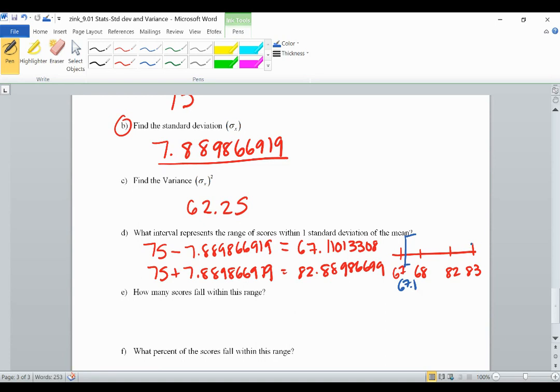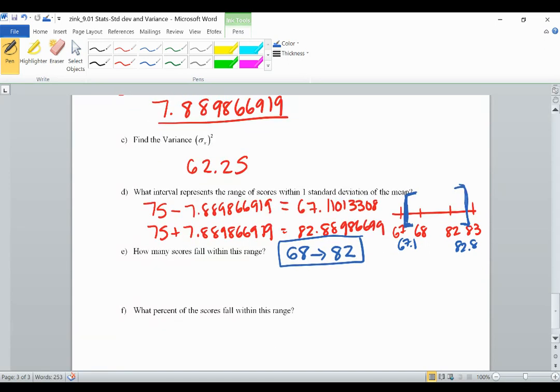And 82.8 is going to be kind of close to 83. And so in between here, these 2 blue brackets is 1 standard deviation of the mean. So the first integer that I actually hit is going to be 68 and then the last integer I hit is 82. So that would be the interval of scores that could be within 1 standard deviation.